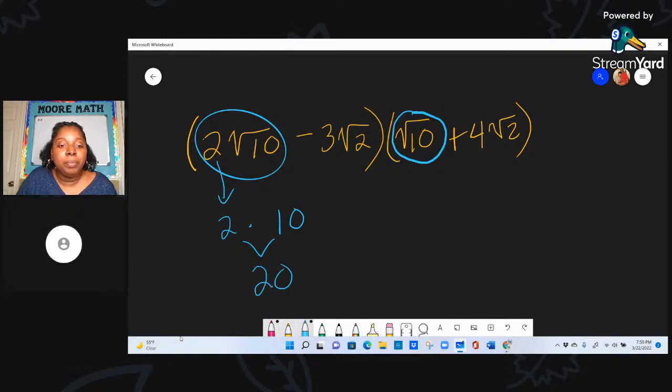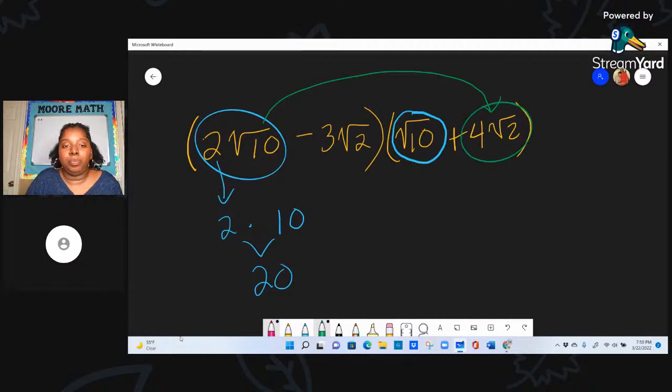Now we're going to do 2 square root of 10 times 4 square root of 2. What can I combine? The square roots. So tell me the square roots you see. Square root of 10 and then square root of 2.